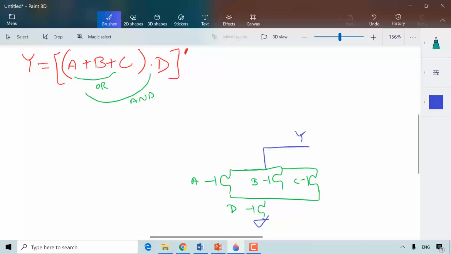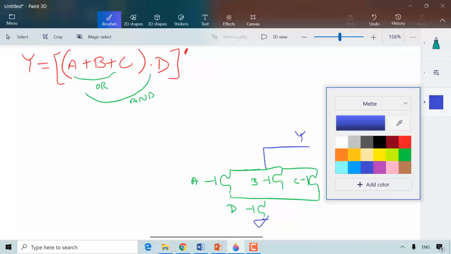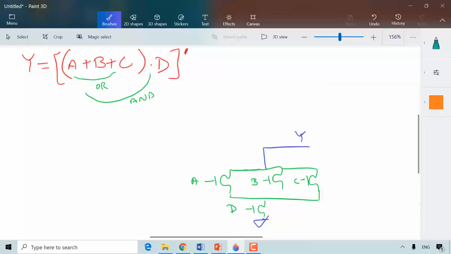Then comes the PMOS. We start here on top, we have a power supply. And then whatever here is in series becomes parallel. So you have here D in parallel with something.